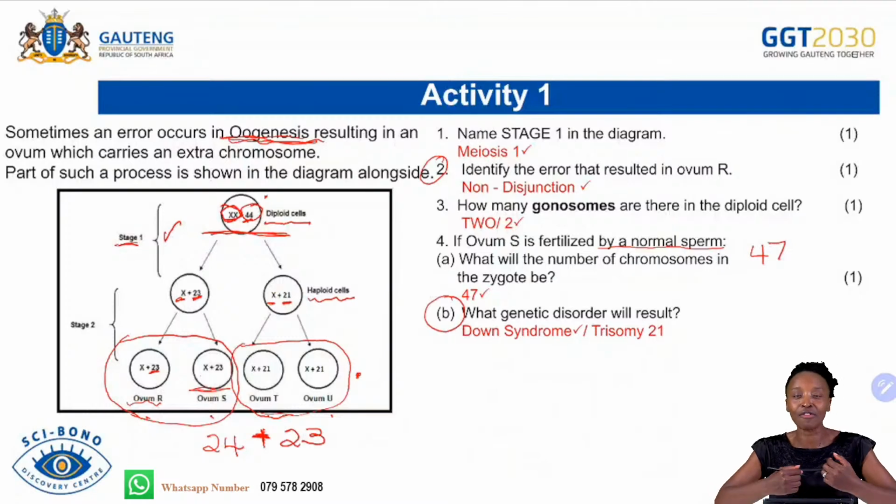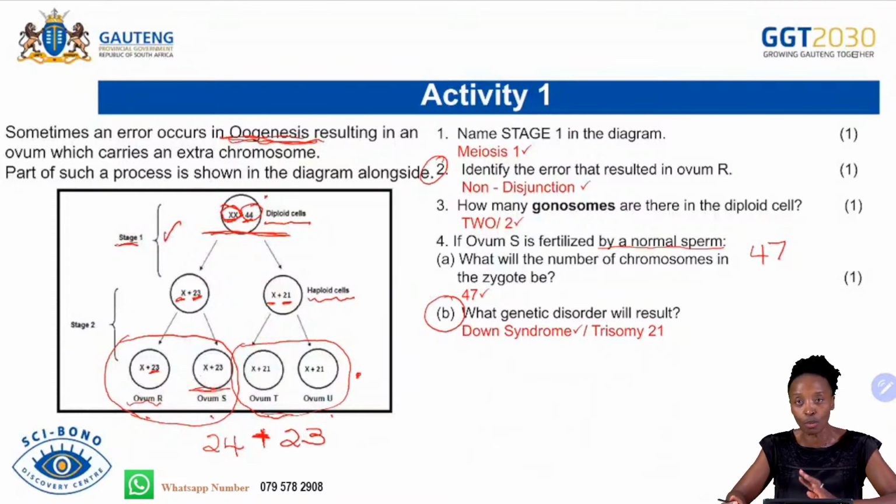Non-disjunction is the failure of the chromosomes to separate, in anaphase 1 or in anaphase 2. And then if this happens on chromosome number 21 in a human cell, it results in this genetic disorder, which is called Down syndrome or trisomy 21.